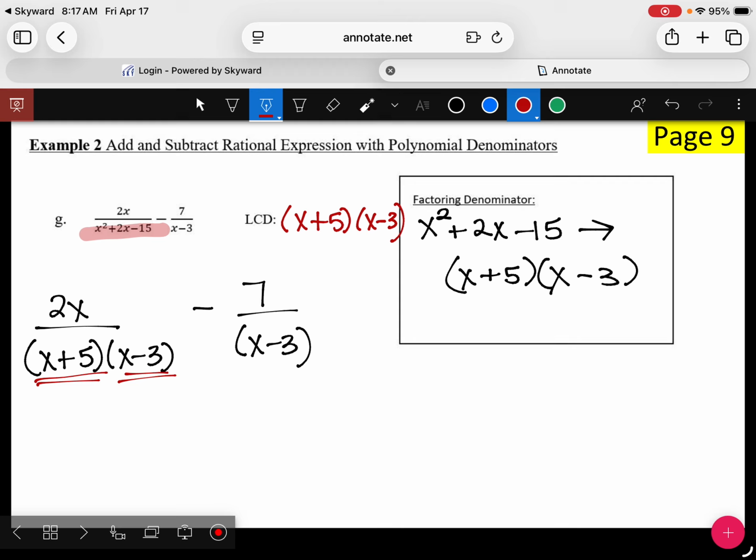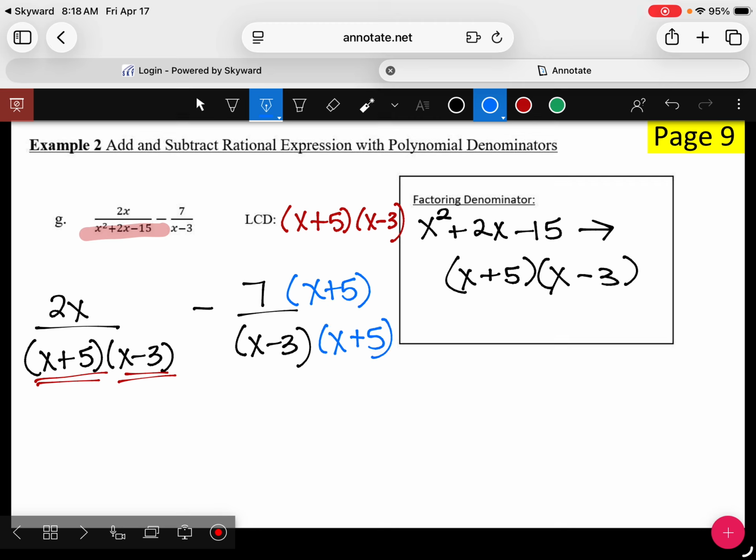One fraction is missing both factors. So that means I only need to multiply this fraction by x plus 5.